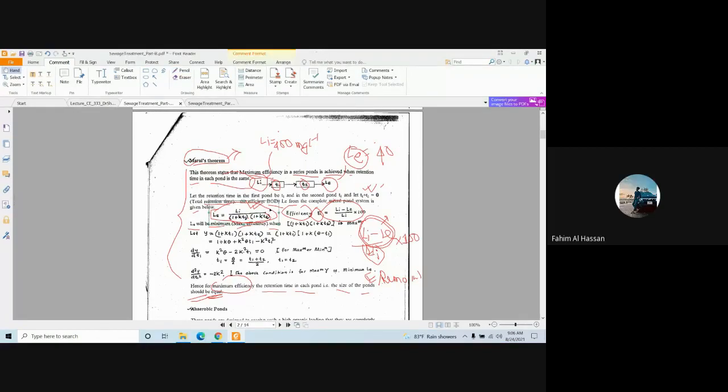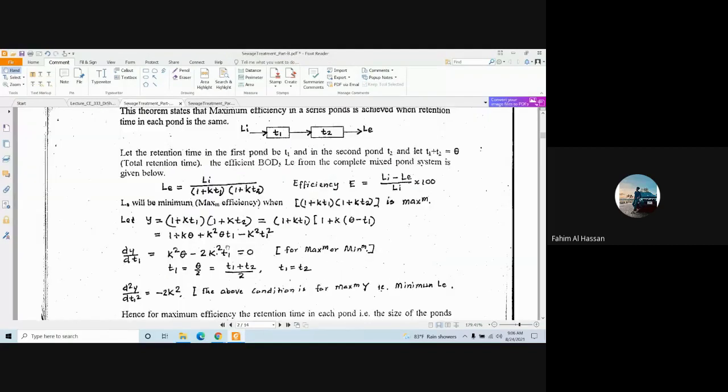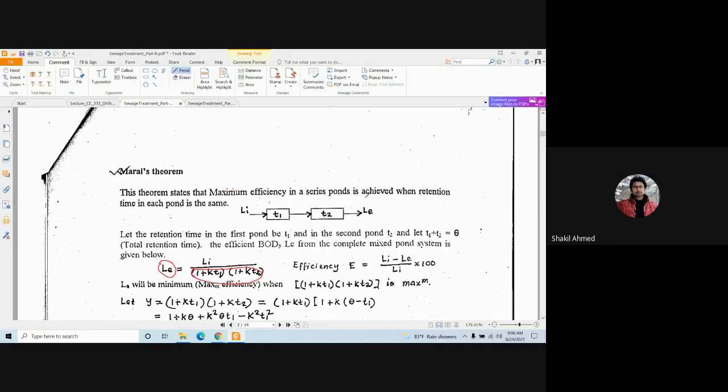Yes, sir. This value will be minimum when this value will be maximum. Am I right? Yes, sir. And if this is minimum, then efficiency is what? Higher or lower? Higher. Higher is the efficiency.